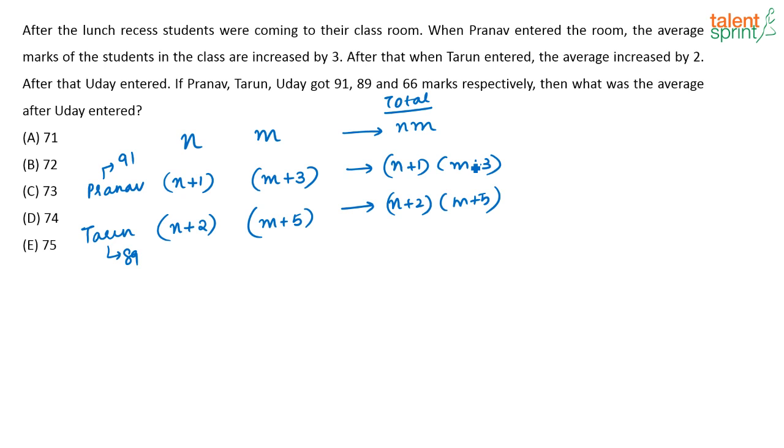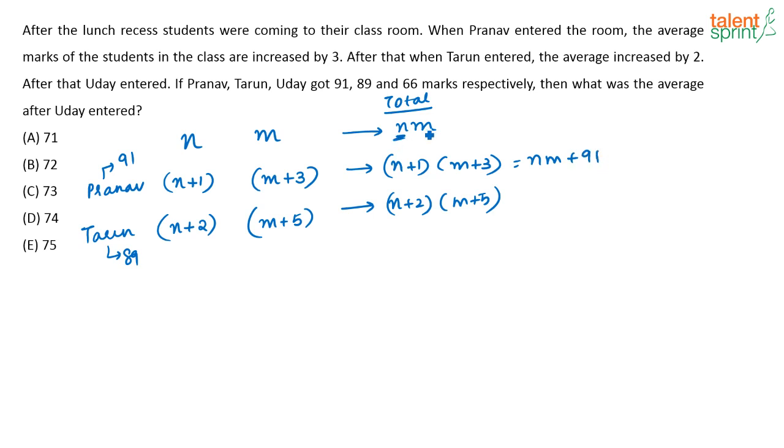N plus 1 into m plus 3. Now basically what has happened? The total marks has increased by 91, correct? Earlier the total marks was nm. To that now Pranav's mark is also added. So what is the total marks now? It is nothing but nm plus 91.